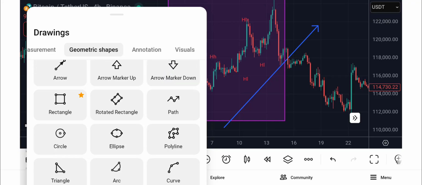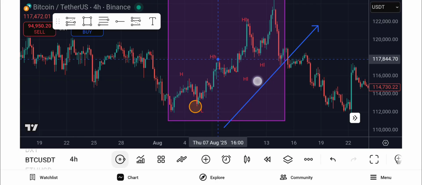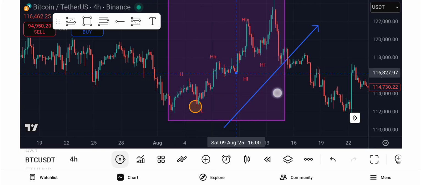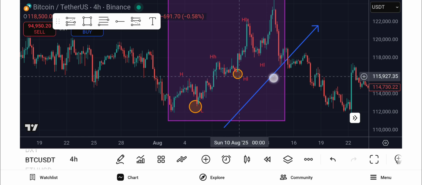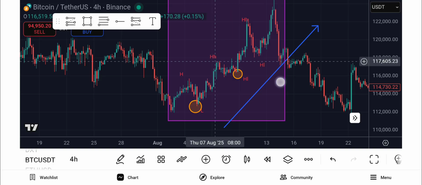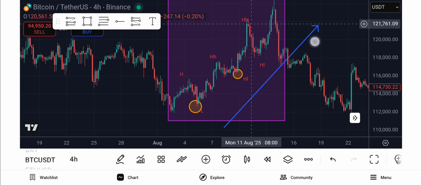I'm gonna make a video on identifying trend. So these are higher lows. As long as these higher lows keep taking out these higher highs over here and forming higher highs, it is a bullish trend.